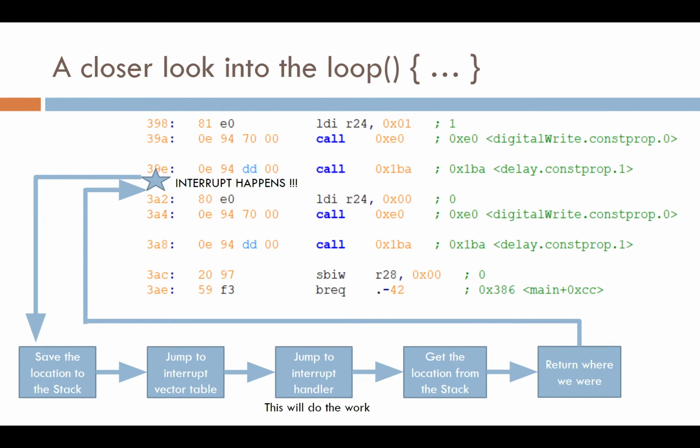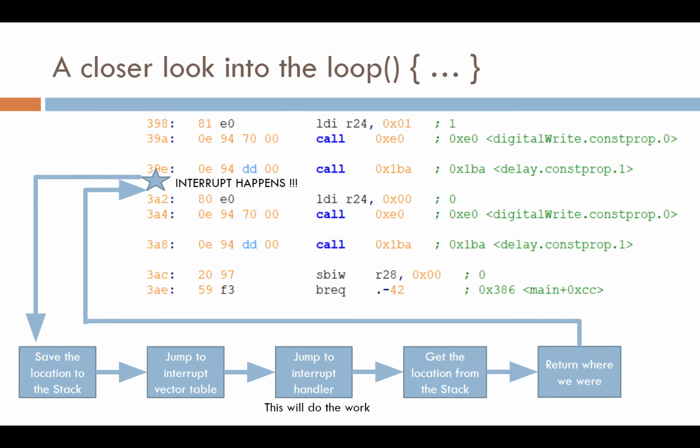Okay, so it saves the program counter location to the stack, then goes to the interrupt vector table, and on that table there is an address of the interrupt handler. Then it jumps into that interrupt handler routine, which is another piece of code which will do all the work.